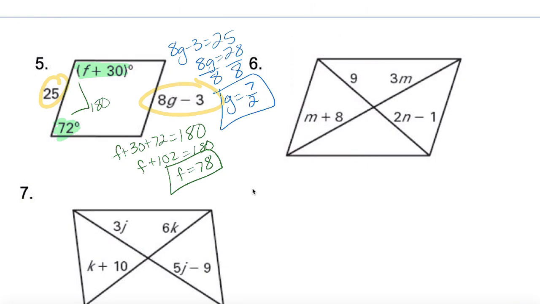Looking at number 6, what they're labeling on number 6 is they are labeling pieces of the diagonals. And if you have a parallelogram, then your diagonals are bisecting each other. What that means is that the pieces of the diagonals are going to be equal. So where this m plus 8 is will be equal to the 3m, and the 9 is equal to the 2n minus 1.